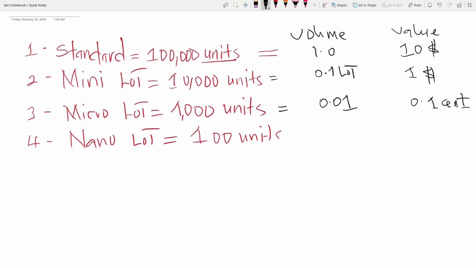For the nano lot, which is just 100 units of base currency, you are controlling a volume of 0.001. If the market moves by a single pip, you are going to be making 0.01 cents, which is actually very small. So we are going to take time and look at all of this individually.